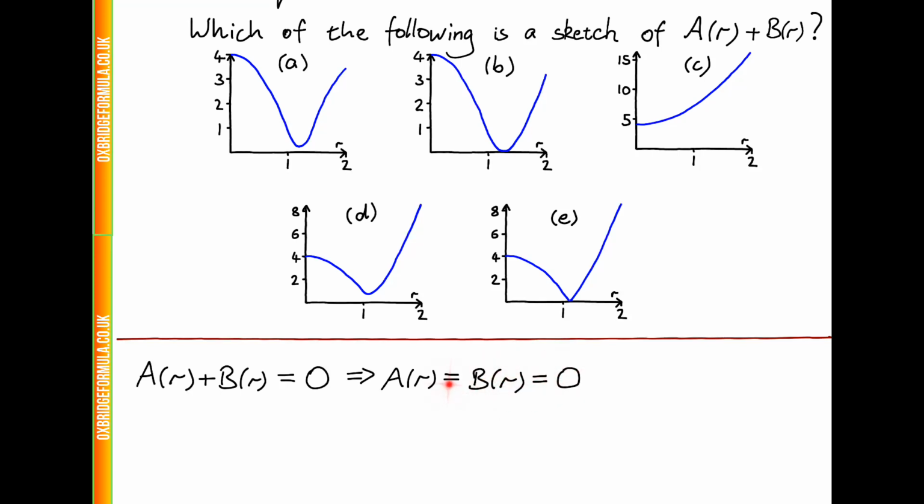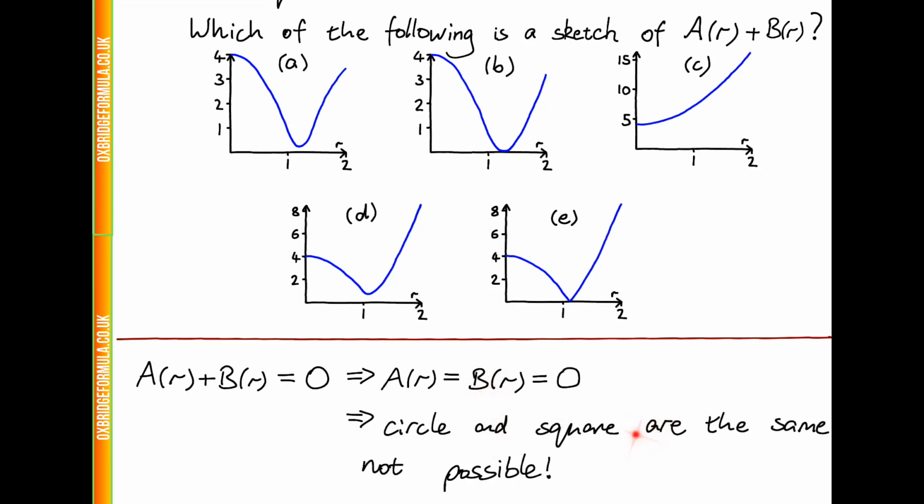So there's absolutely no area between these two shapes, which means that they are the same shape. But this is simply not possible because one's a circle and one's a square. So the situation A of r plus B of r equals 0 can never happen, and therefore we can cross off B and E as possible sketches of A of r plus B of r.